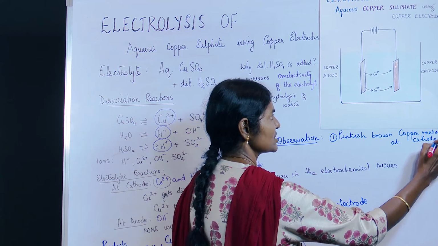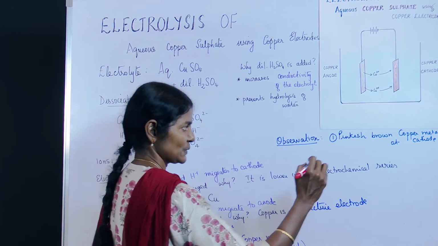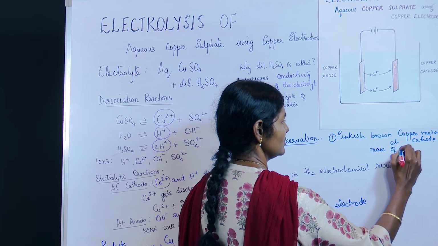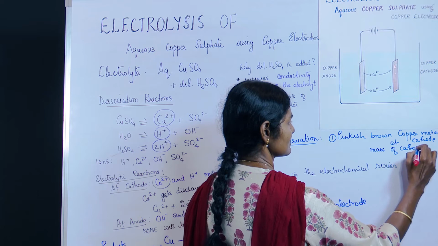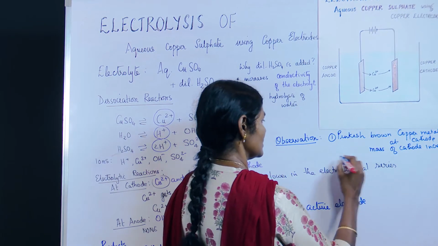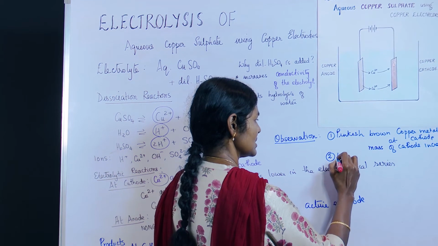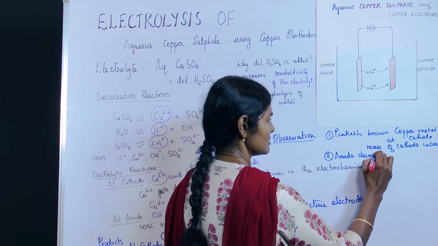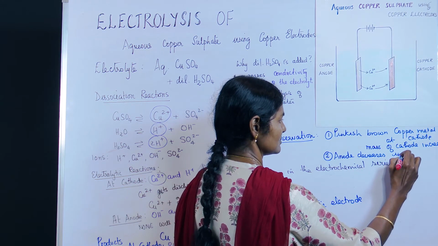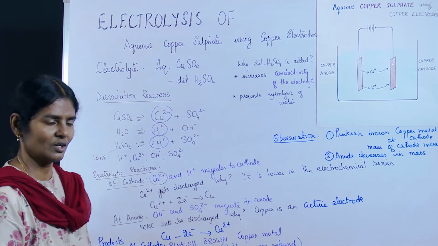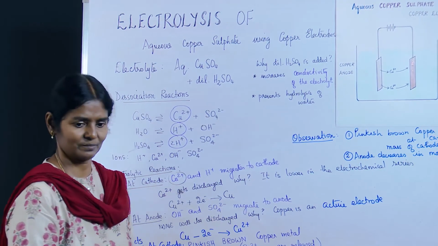So, what is happening to the cathode is mass of cathode increases. Okay, and the observation 2 is anode decreases in mass. There is one more observation which we will see shortly.